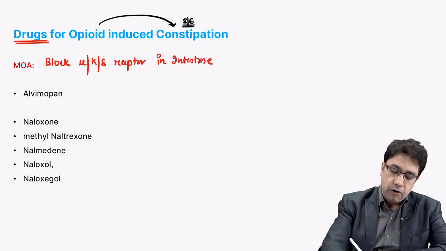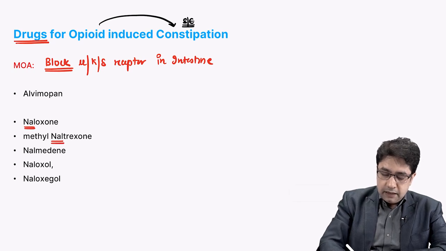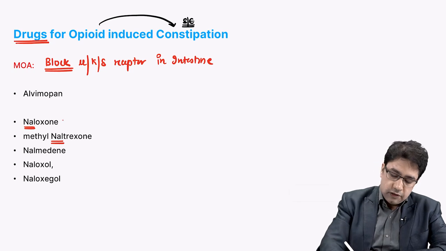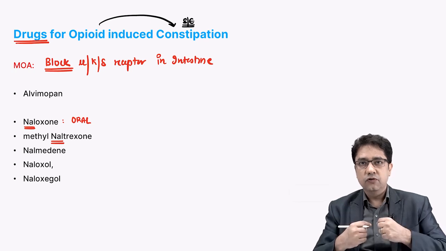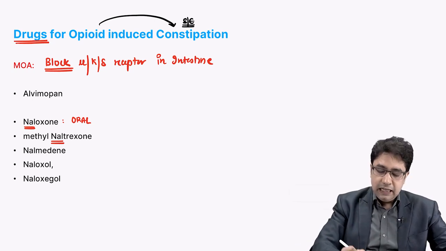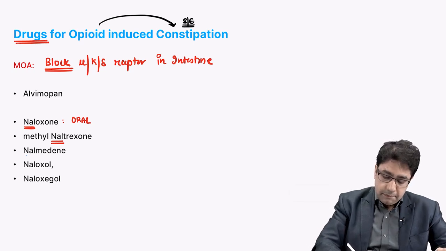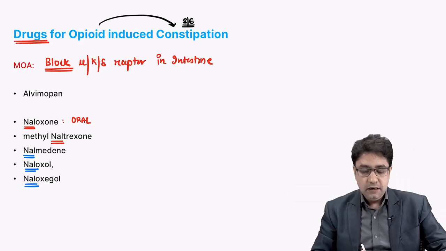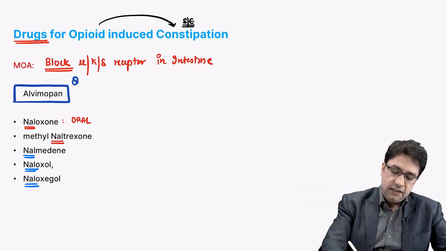So these drugs will be blockers. And we discussed all blockers start with nal, like naloxone. Naloxone is given orally in this case, because oral naloxone will not get absorbed, it will just block the opioid receptor in the intestine. Methylnaltrexone, and the new drugs which have been approved are naldemedine and naloxegol. So these drugs are given orally for opioid-induced constipation, but one name is different.